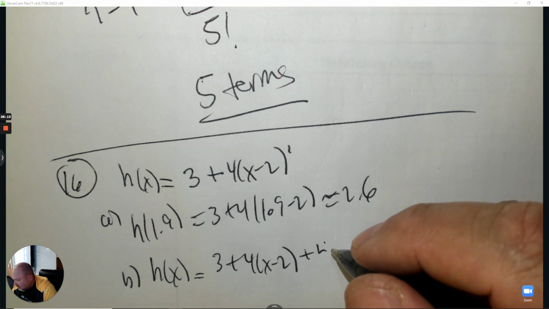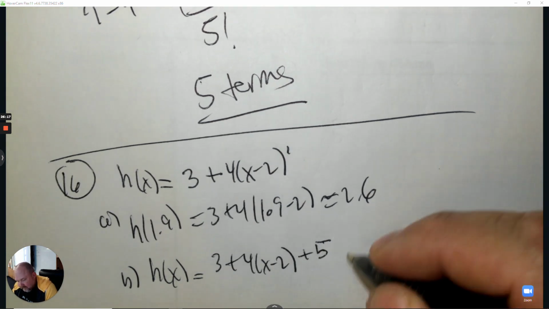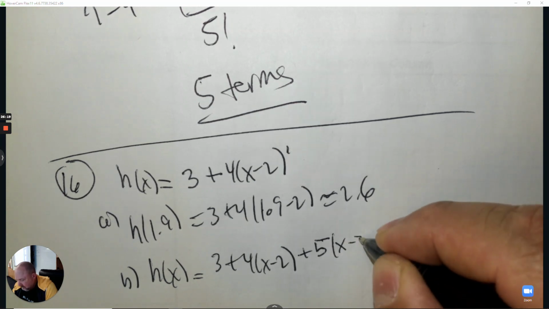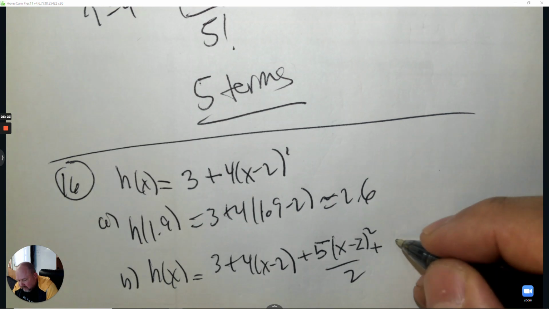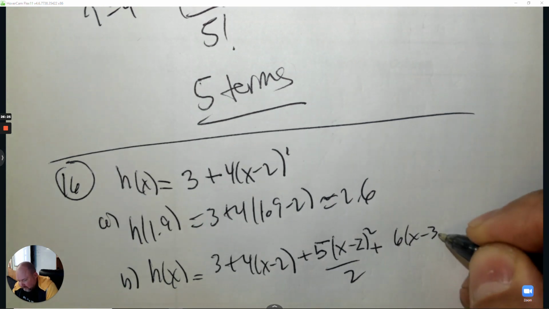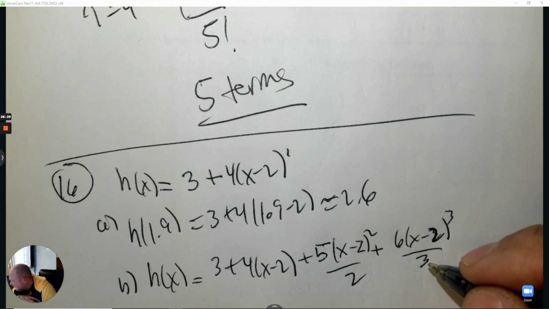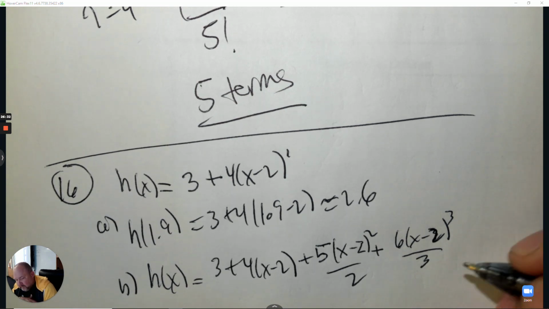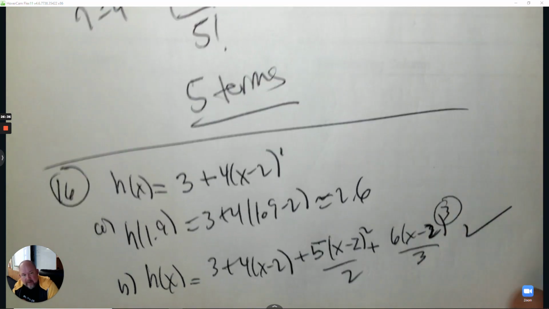Sorry. The next derivative is, it's 3, then 4, then 5. Sorry. The next derivative is 6. Again, what degree are we going to? Third degree, right? So we can end there. Degree of 3.